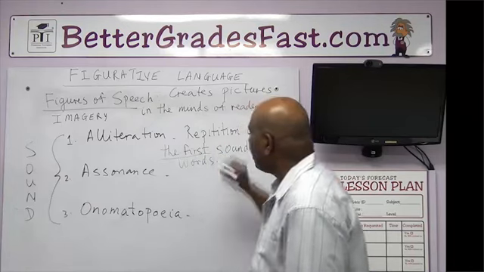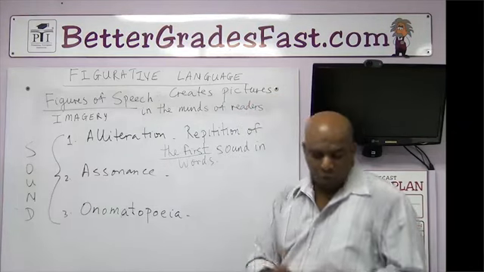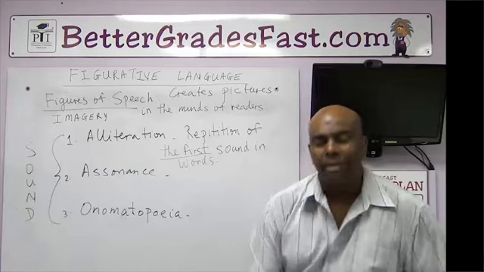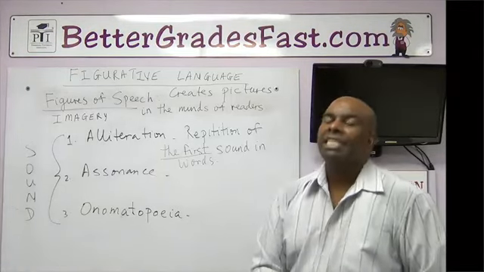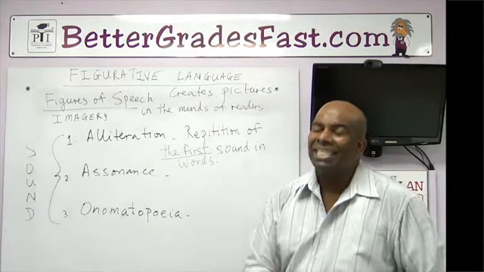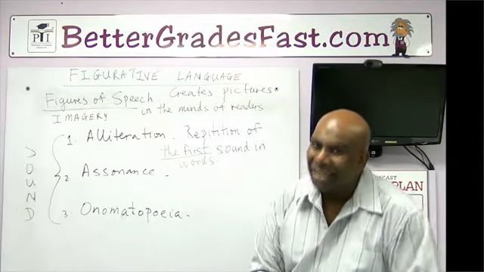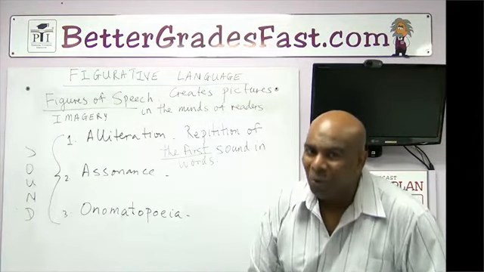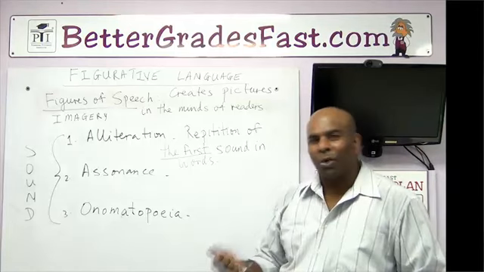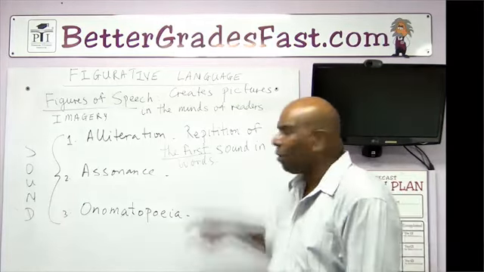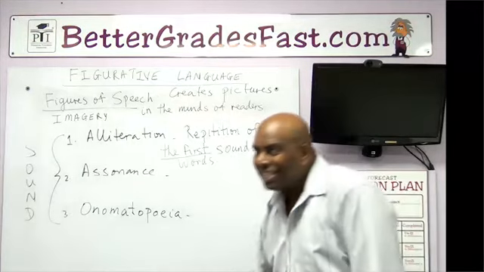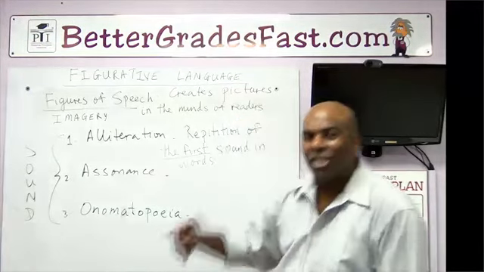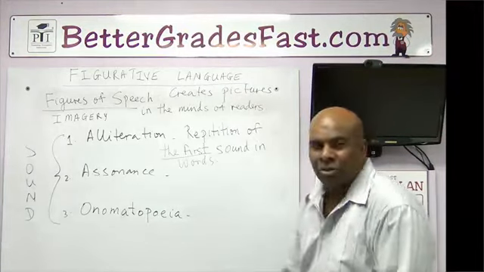Okay, the first sound. So, let's take a look at some alliteration. This one you may know. She sells seashells by the seashore. It's a tongue twister. It's a tongue twister because the first sound is repeated. She sells seashells by the seashore. What sound is repeated there?